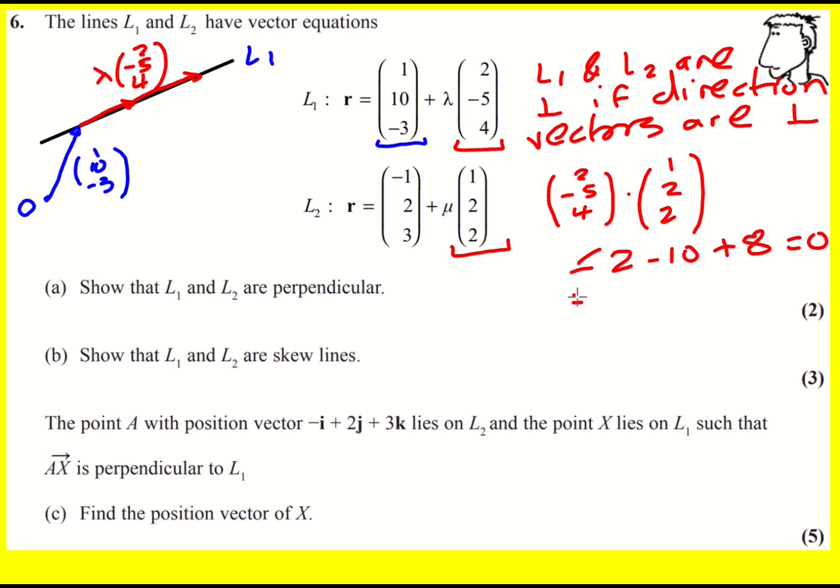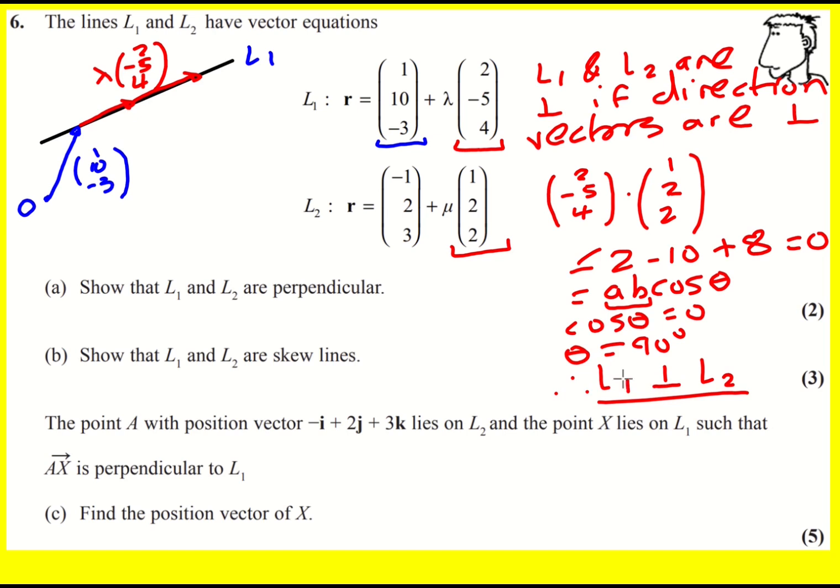The alternative way to do it is to say that the dot product is the magnitudes a, b, cos theta, then these are non-zero, so it must be that cos theta is equal to 0, which means that theta must be 90 degrees. And actually, it's just enough really to say if the dot product is 0 that they're perpendicular. I've just shown a little bit extra. So therefore, L1 is perpendicular to L2.